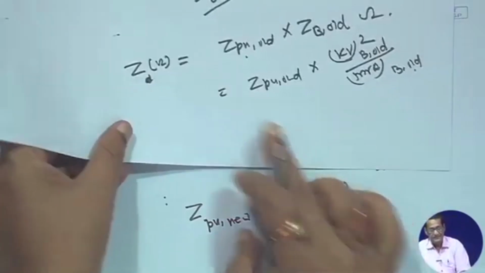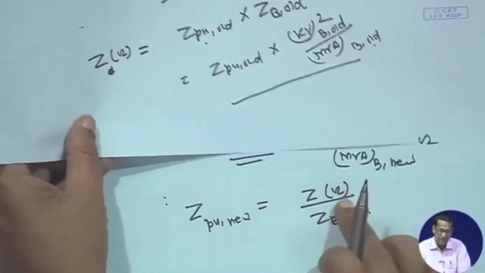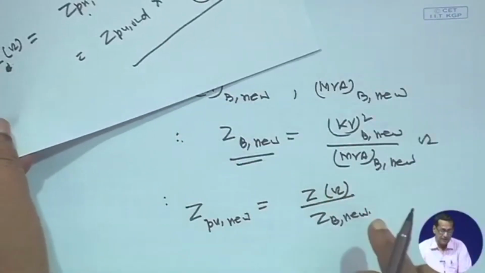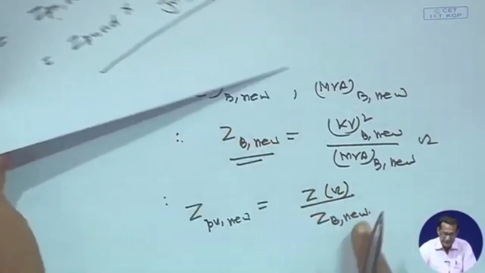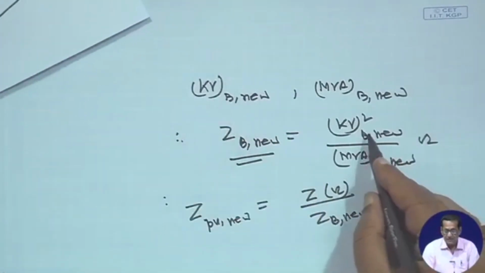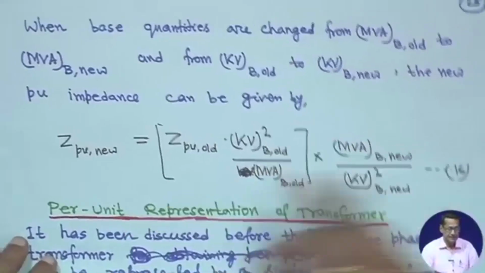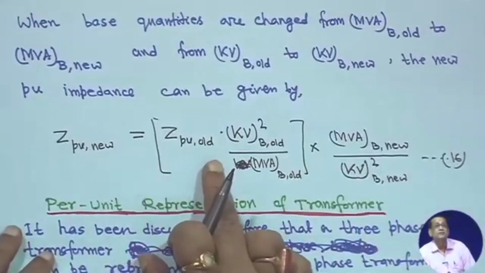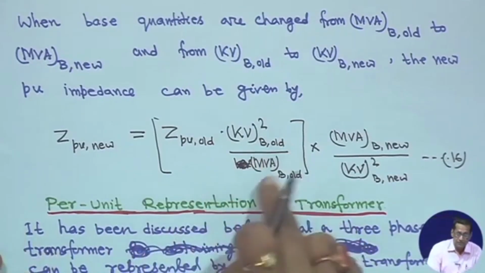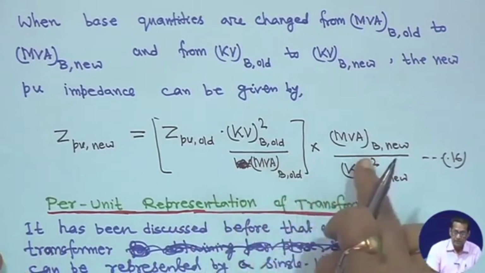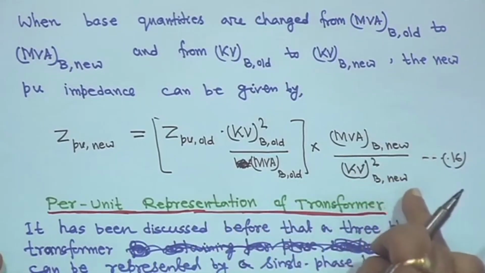Now, this Z ohmic value is this one, you substitute here, and this Z base new is KV base new square by MVA base new, you substitute here, then you will get this expression, that Z pu new is equal to Z pu old into KV square base old upon MVA base old into MVA base new upon KV base new square, right.